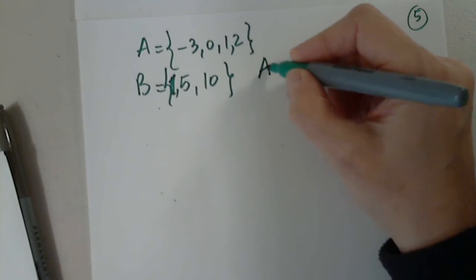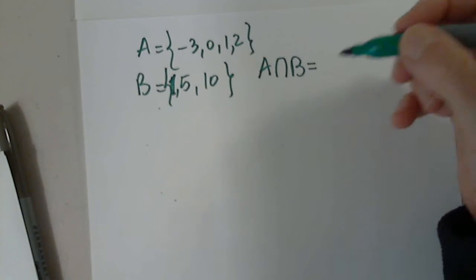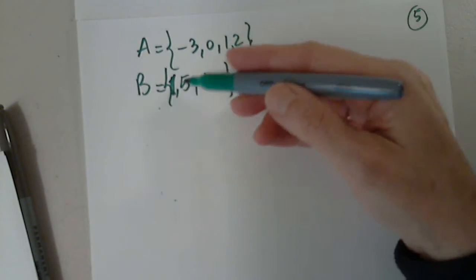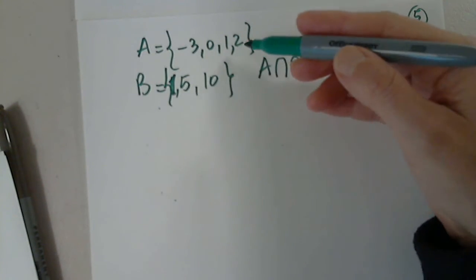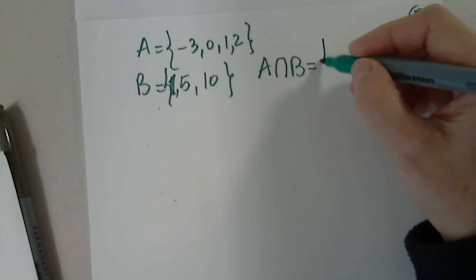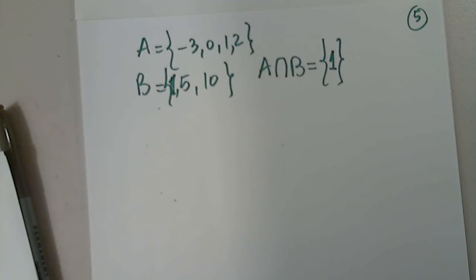If I want to determine the intersection of these two sets, I'm only looking for common elements. -3 is not in both, 0 is not in both, but 1 is in both. 2 is not in both, 5 is not in both, 10 is not in both. So this is the only element of the intersection.